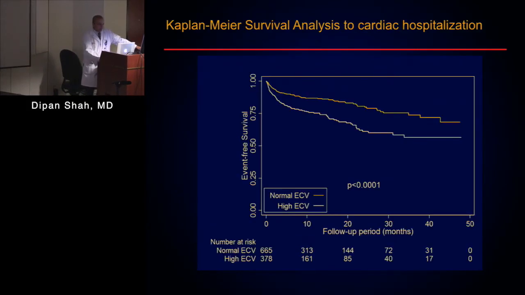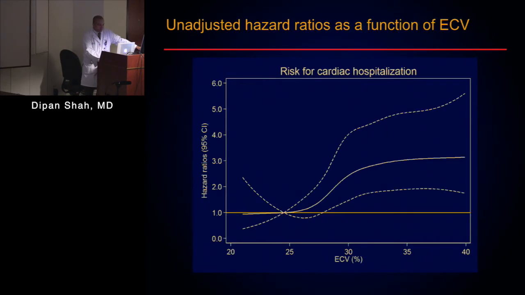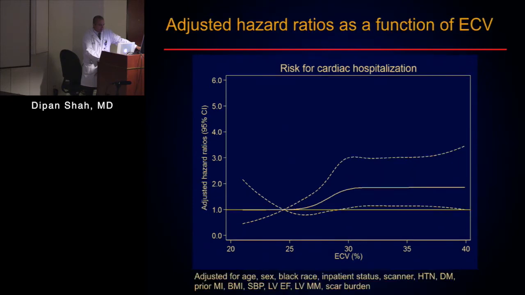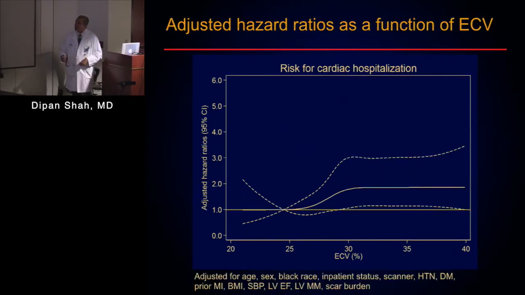This now is looking at just cardiac hospitalizations. And again, you can see a stratification based on those with normal ECV versus those with high ECV. Again, this is looking at it as a continuous variable, unadjusted and adjusted.